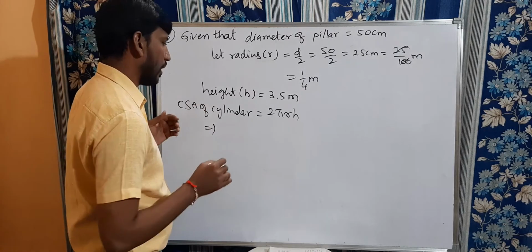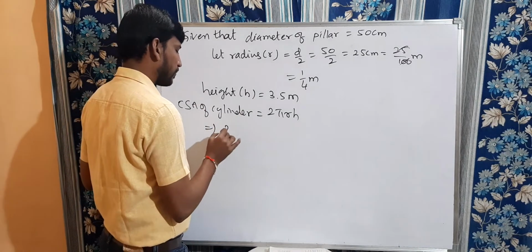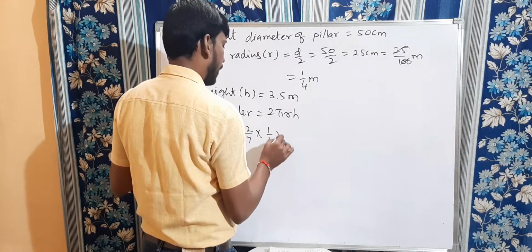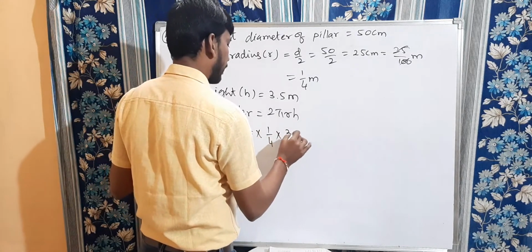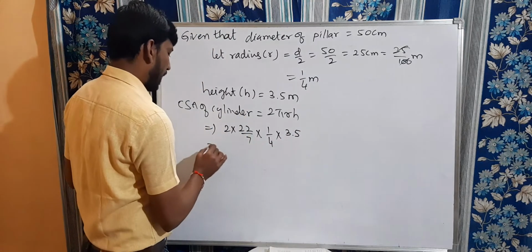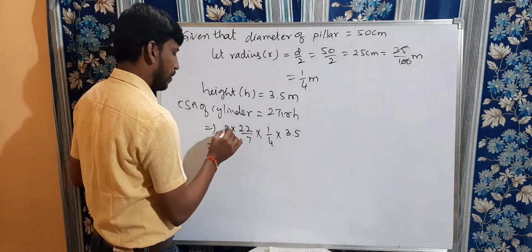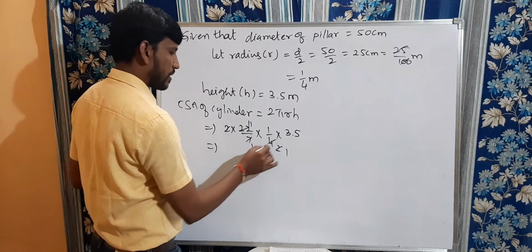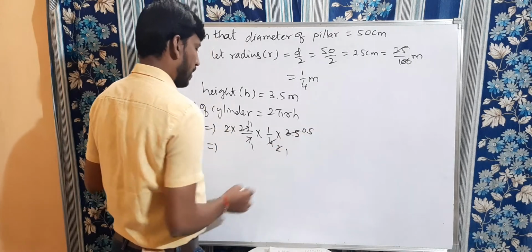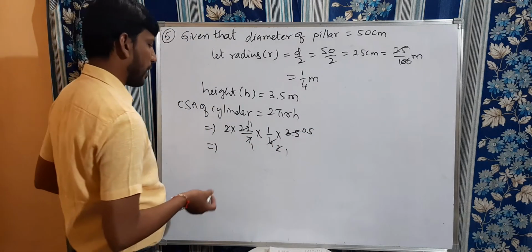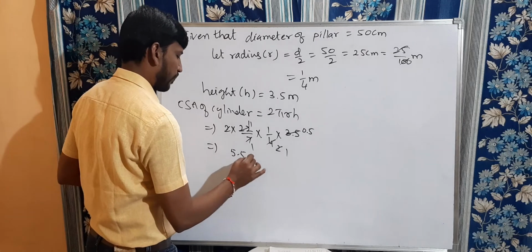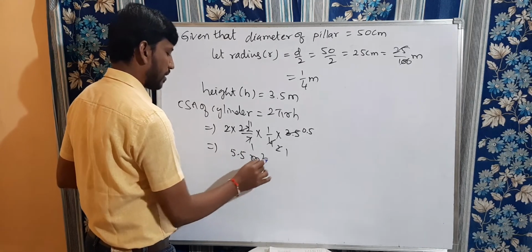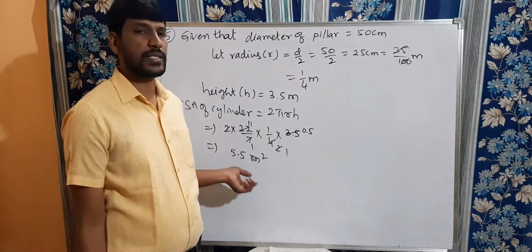Now 2 into 22 by 7 into small r is 1 by 4 into h is nothing but 3.5. Now 2 1s are 2, 2 2s are 2, 1s are again 2, 11 7s are 7, 0.5. When we multiply 11 into 0.5, which is nothing but 5.5 meter square. Clear? This is CSA of the pillar.